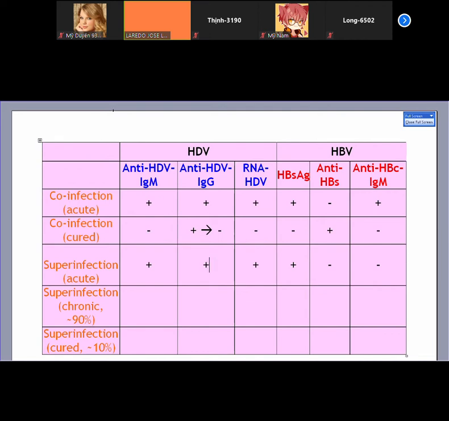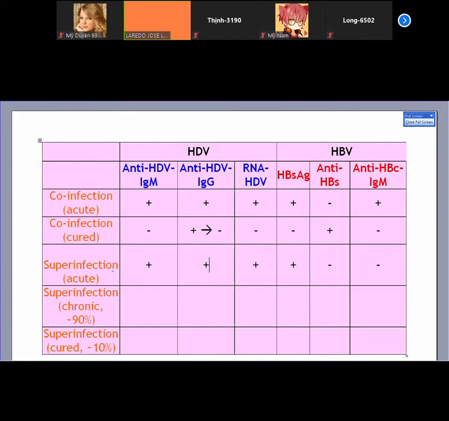So look, this is the typical profile of a patient with superinfection. So this is a patient who was already infected with hepatitis B that becomes infected now with hepatitis D. This is called superinfection.